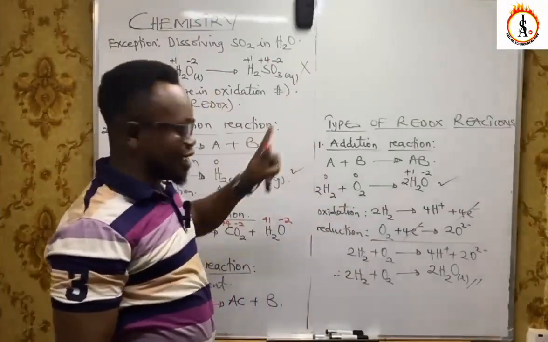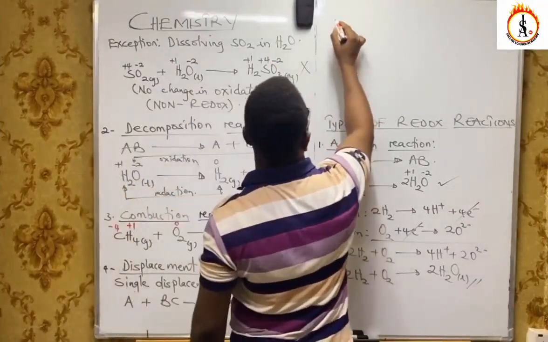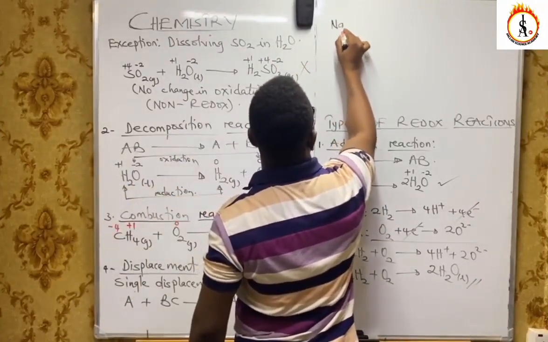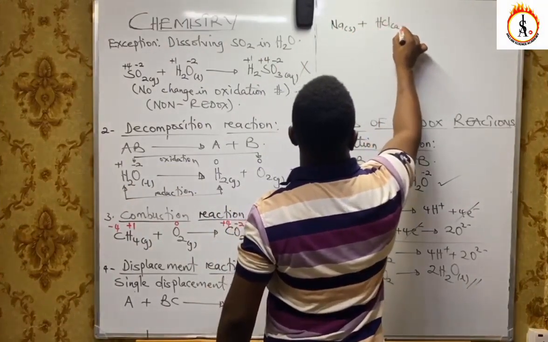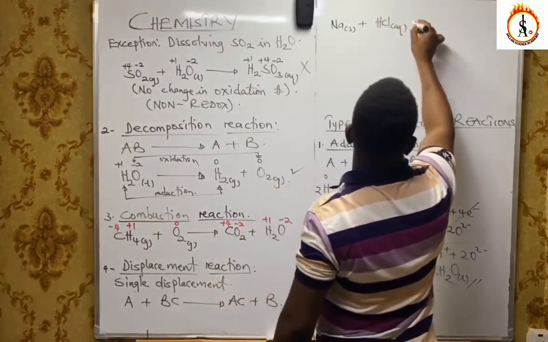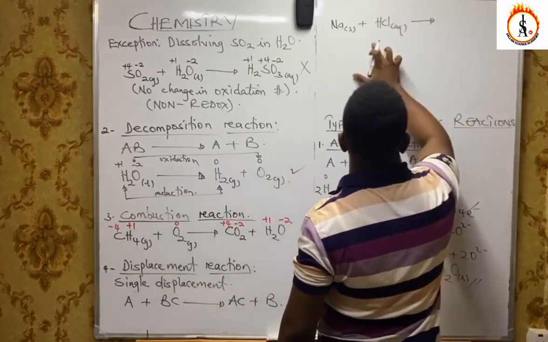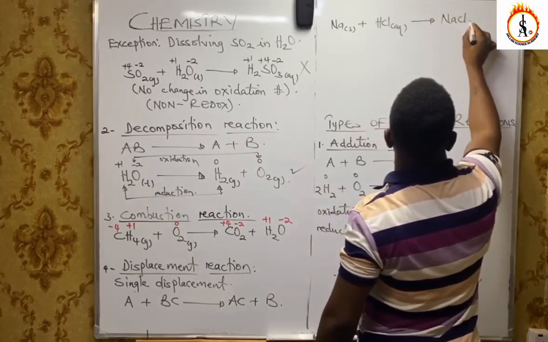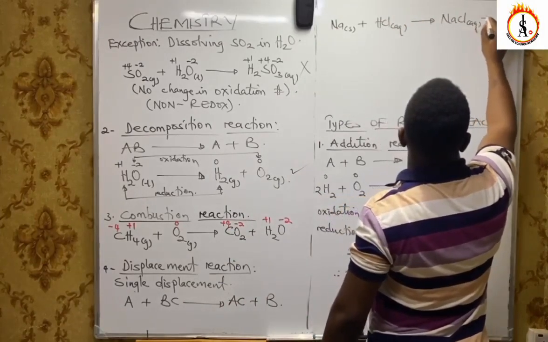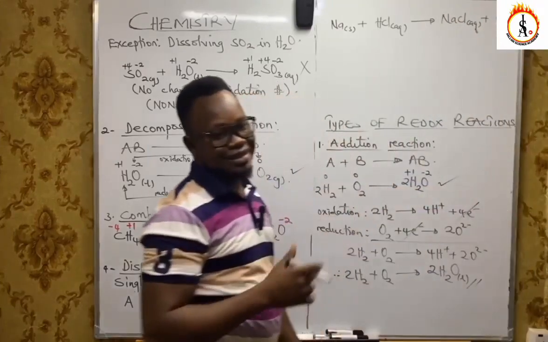So let's look at an actual example of what we've just demonstrated here. Let's say sodium solid reacting with hydrogen chloride aqueous, which is hydrochloric acid. So what happens? Sodium is going to displace this hydrogen and give us sodium chloride aqueous, and then you have hydrogen gas that is released.